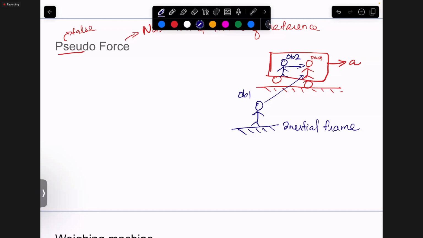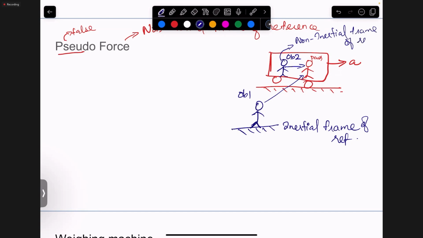If the platform is moving with a constant velocity or is at rest, then that is an inertial frame. So this person standing here is on an inertial frame of reference, and this observer is in a non-inertial frame of reference.